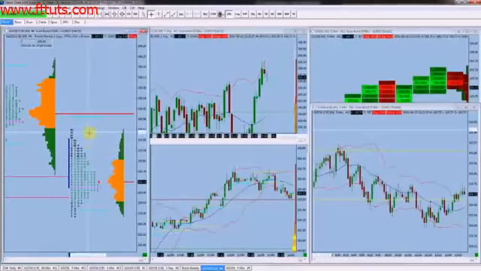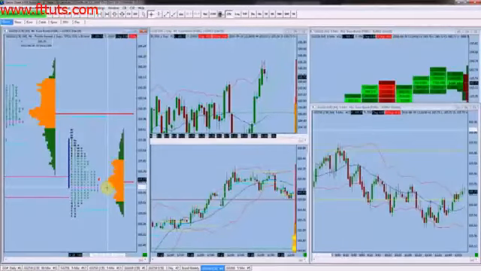The range of the day is obviously signified by the highs here and by the lows here. Most of the time, the highest TPO count is the one that juts out. So the highest amount of TPO, time price opportunity, I've highlighted mine as pink so that I can see it a little bit clearer, so that it stands out to me.